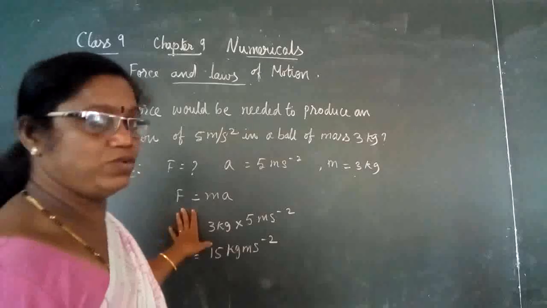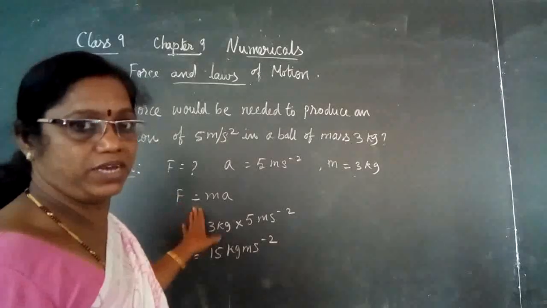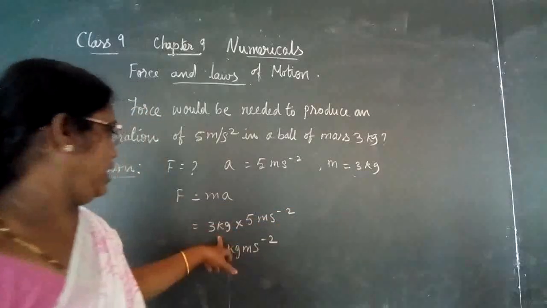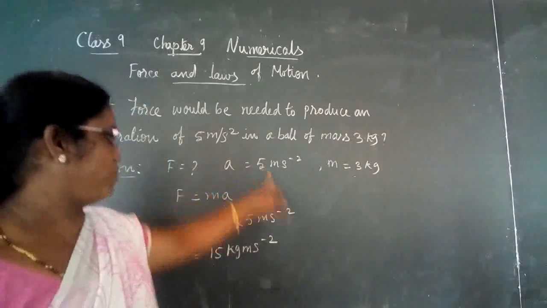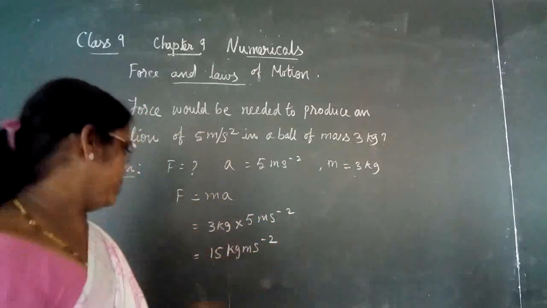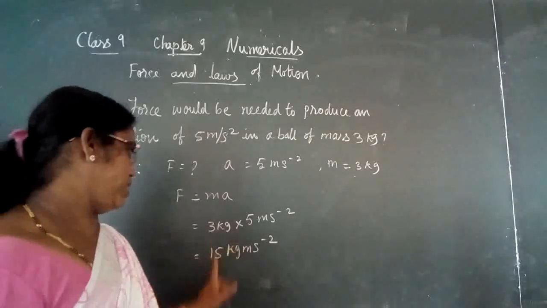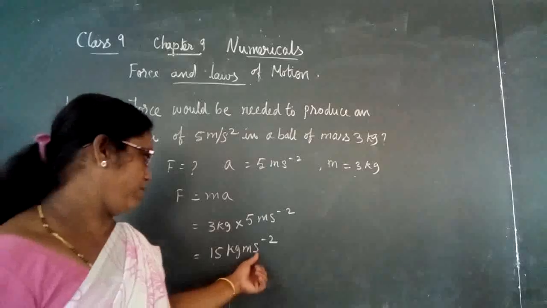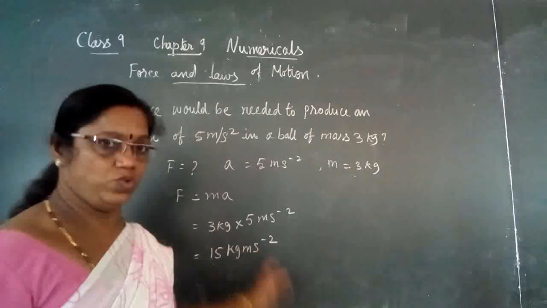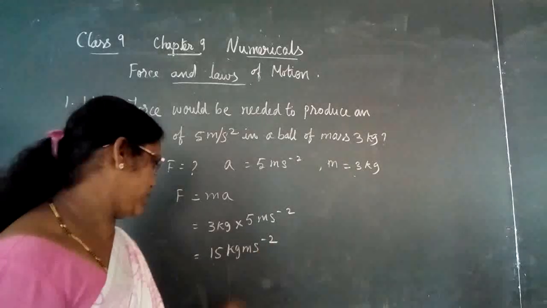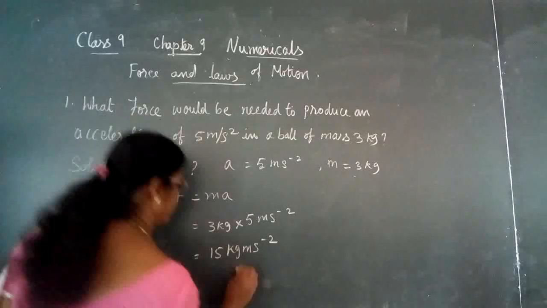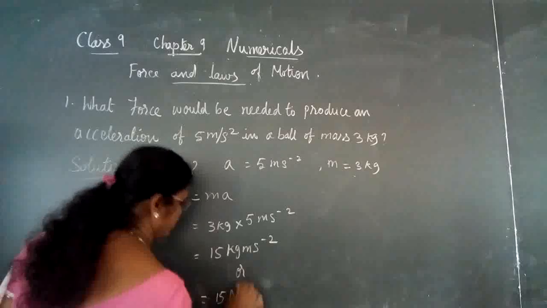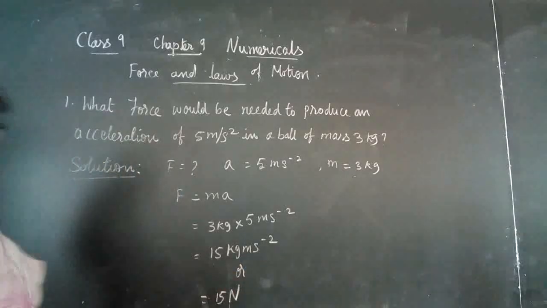The formula used to calculate force is F is equal to m into a. That is mass 3 kg into acceleration 5 meter per second square, which is equal to 5 3s are 15 kilogram meter per second square or kg m s power minus 2. This you can also write as 15 Newton, because the unit of force is Newton.